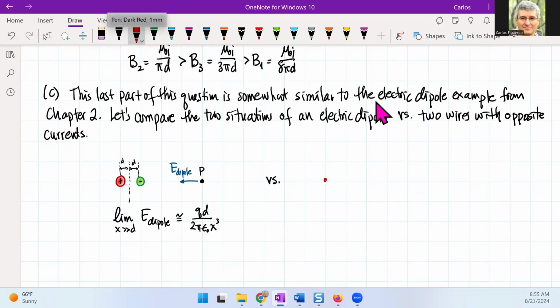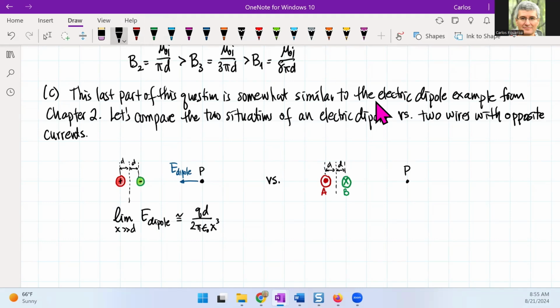So here we have our wire A, we have our wire B, and again, from the center, we have the same separation. So this guy is little d, this guy is little d, and then we're going to pick a point P here.